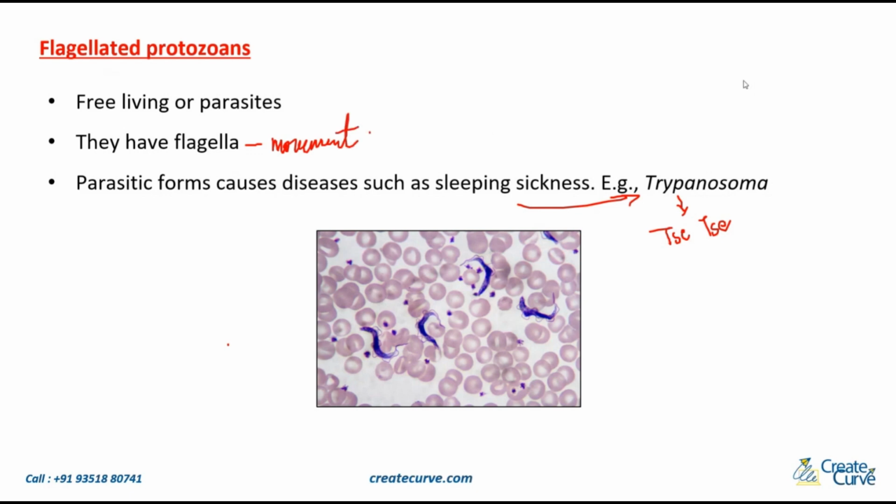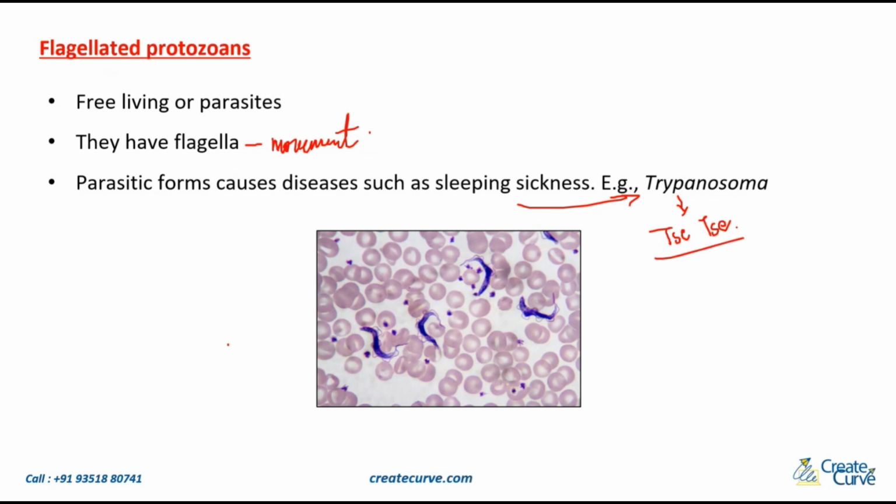The parasitic forms cause diseases such as sleeping sickness. An example of this would be Trypanosoma. Now Trypanosoma is the protozoan, and the way it spreads is through a fly, which is called the tsetse fly.